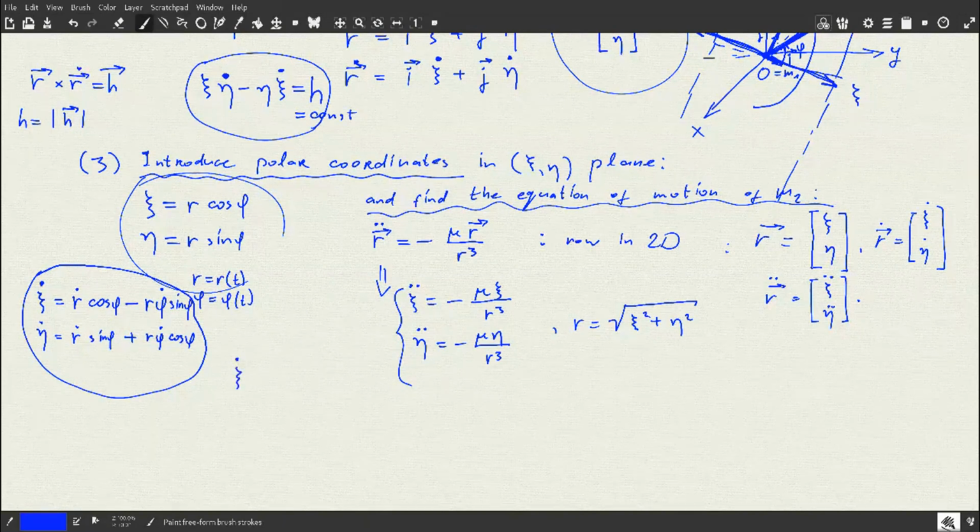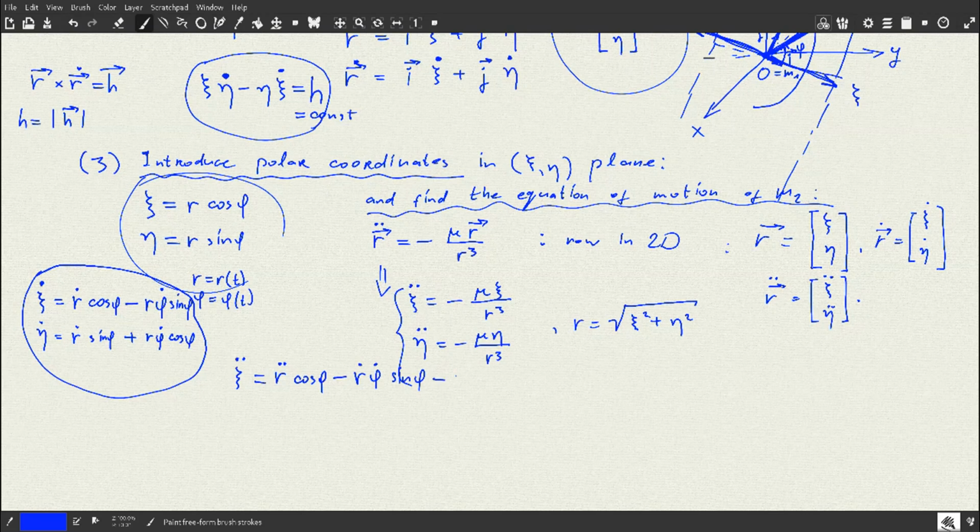Okay. Psi double dot, watch me carefully, please, because it's so easy to make any mistake here. Differentiating the first term, r dot cosine phi, it is r double dot cos phi, unchanged, minus r dot phi dot sine phi. Correct? Now differentiating the second term. The second term contains 3 multiples. So at each time, only one of them is differentiated, the other 2 are unchanged.